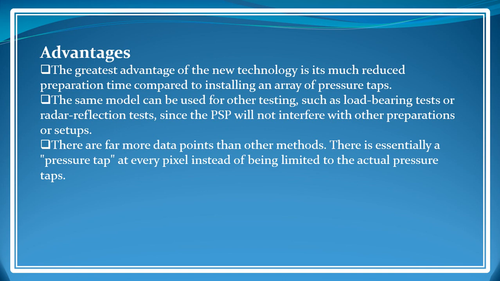And it doesn't have any limit, because when we use pressure taps we can only use a limited number of them. We have counted parts, counted outputs, so they are limited. But when we use PSP, there are unlimited points where we can measure the pressure or pressure change.